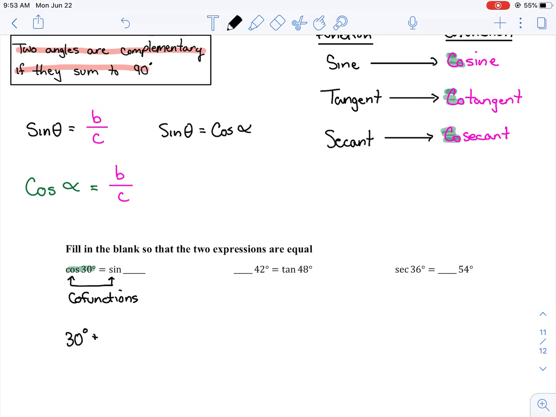So 30 degrees plus what degree is equal to 90 degrees? And in this case, x is going to be 60 degrees. So cosine of 30 degrees is equal to sine of 60 degrees.